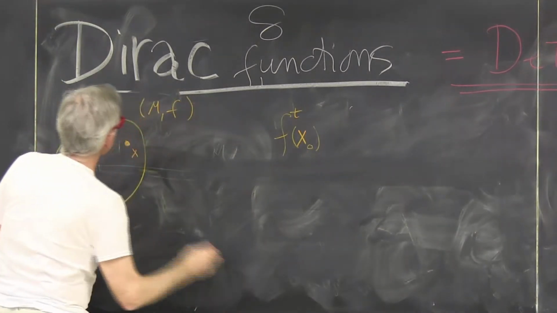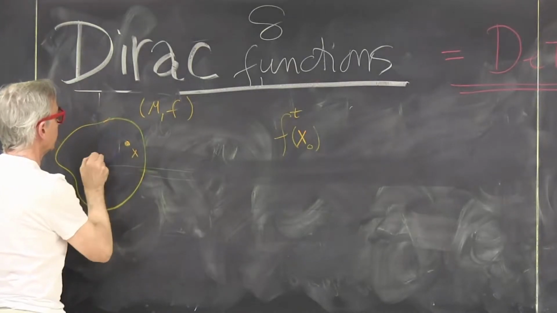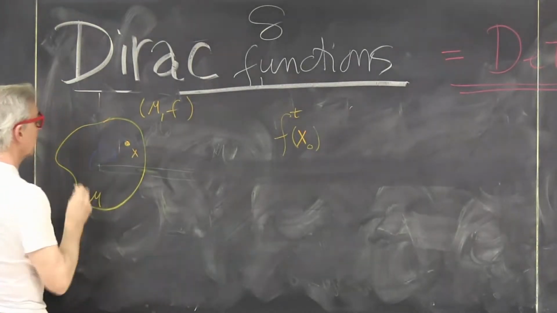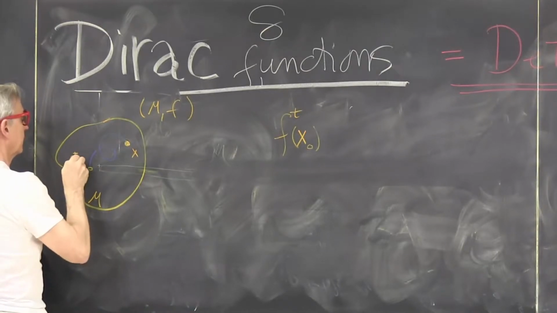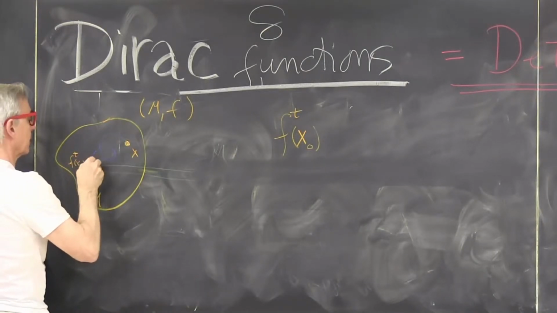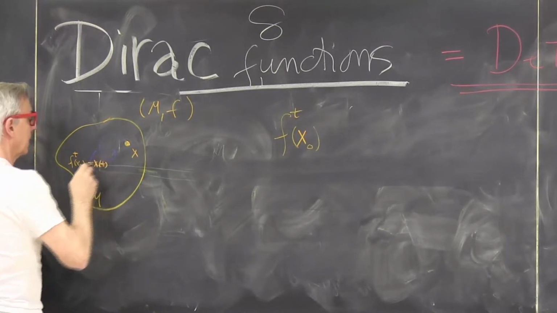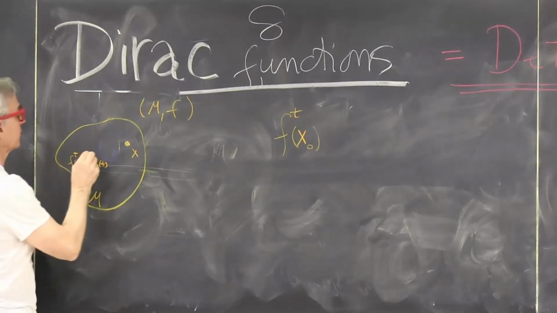And the law of motion says I move around, and at time t, f^t of x0, which I might call x of t, I'm in one place and one place only.